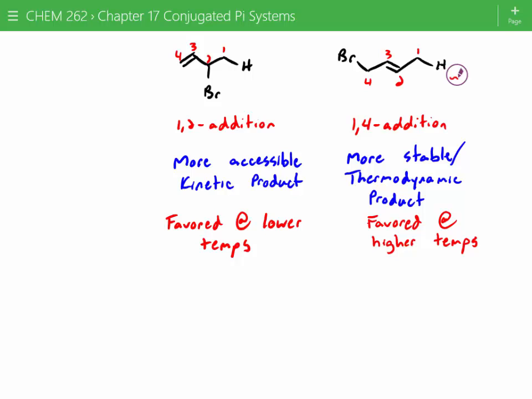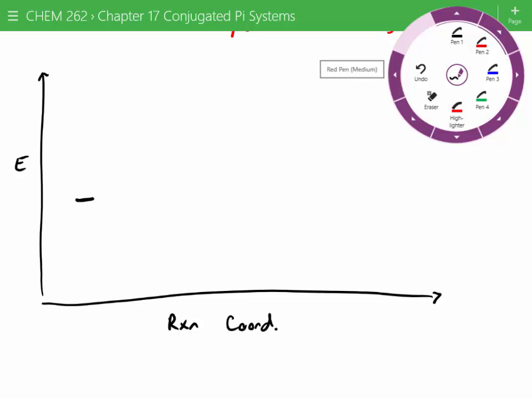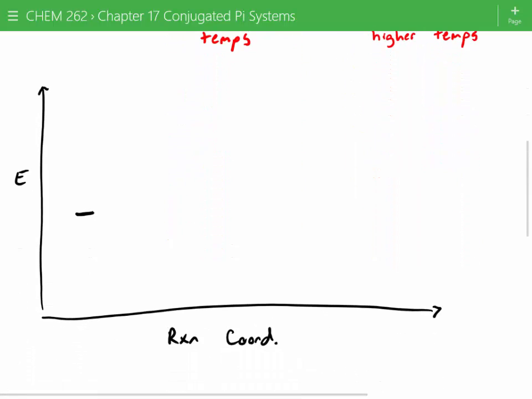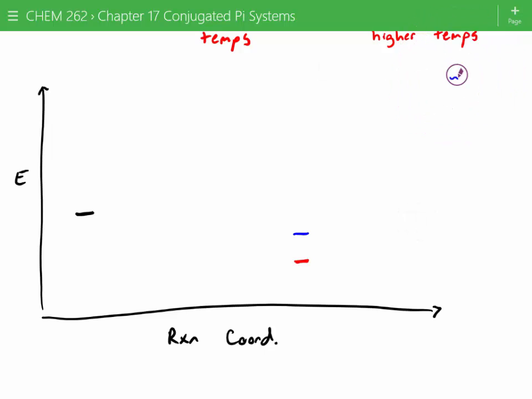All right, so let's take a look at the energy profile that's going on here. So we've got energy on one axis, and we've got our reaction coordinate on the other. In both cases, we have the same starting material, so it will have a fixed energy. And let's do an example where we're doing the 1,4 addition. So we said with 1,4 addition, we're forming the more stable product, so its position should be lower than our blue 1,2 addition.